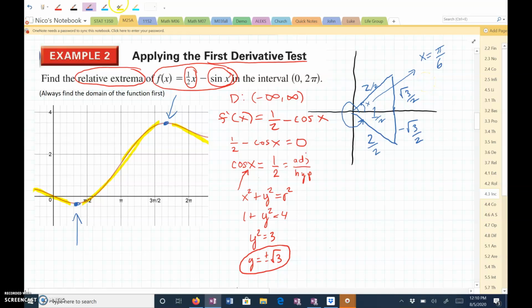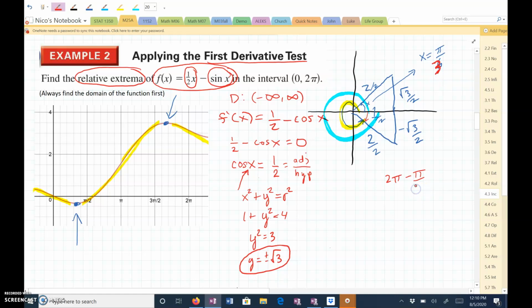Okay? And then to find this angle, well, we know that all the way around here, that would be 2 pi. And then if you would subtract this angle here, which is pi over 6, oh, that should be pi over 3, sorry.